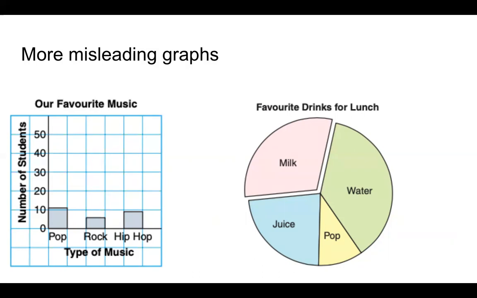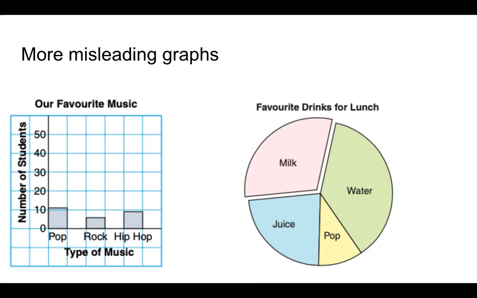It just makes it seem so much more unpopular. And maybe you're thinking, what type of music is the most popular? If they have a scale that goes all the way up to 50, there must be something else that could go up that high, or they don't have enough information, or they haven't asked enough students.